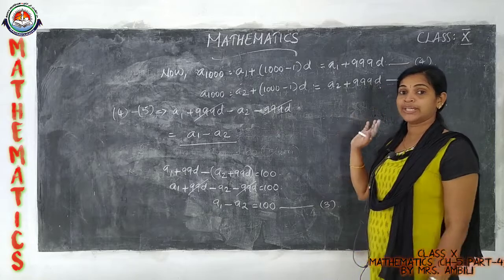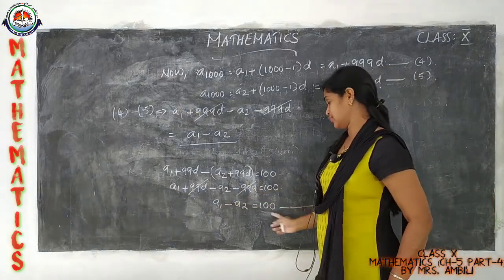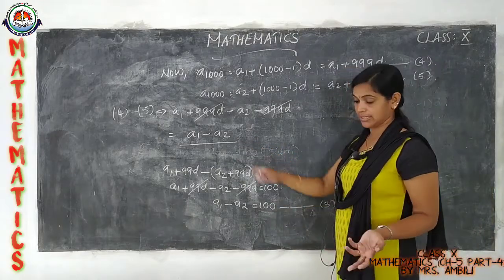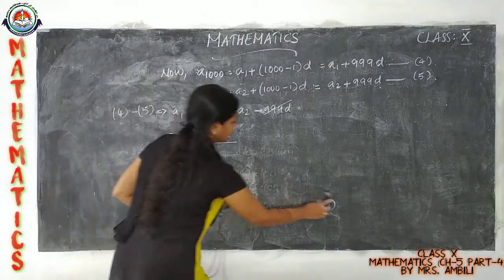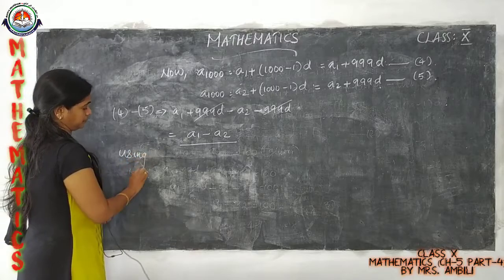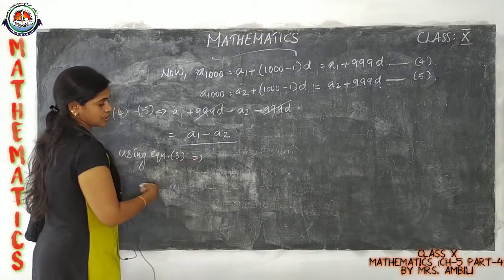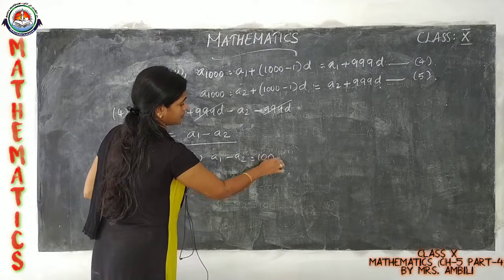Then come to your third equation. In third equation what we wrote? A1 minus A2 equal to 100. So using equation 3 we get A1 minus A2 equal to 100.